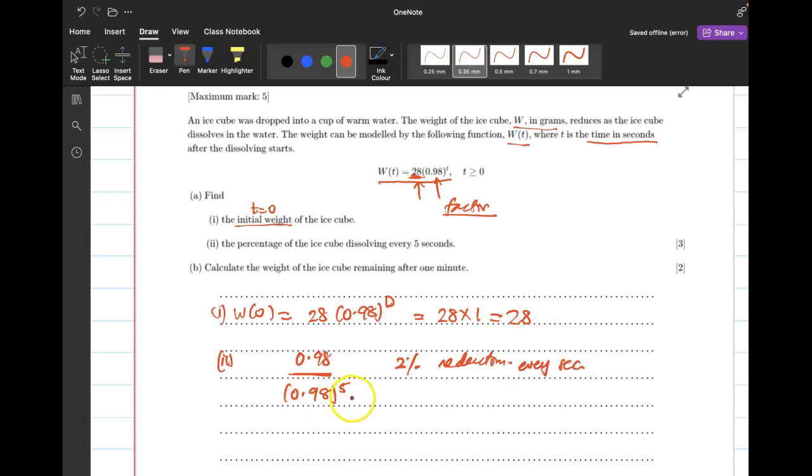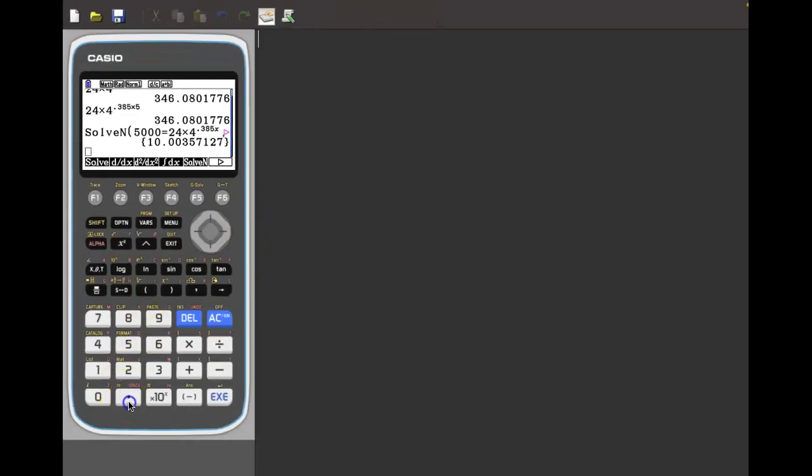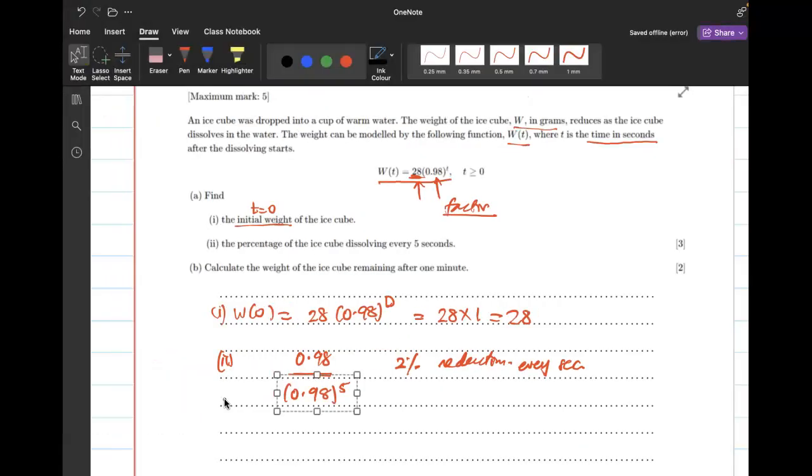So for 5 seconds, you have to do 0.98 raised to 5. So let's do that. 0.98 raised to 5, if you work that out, is 0.904.